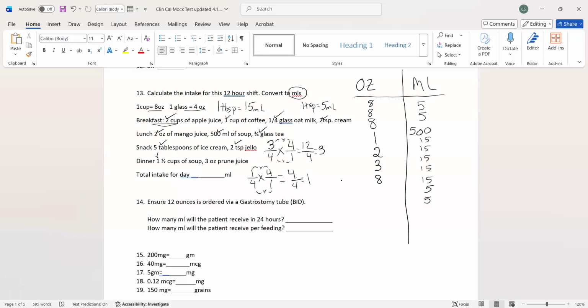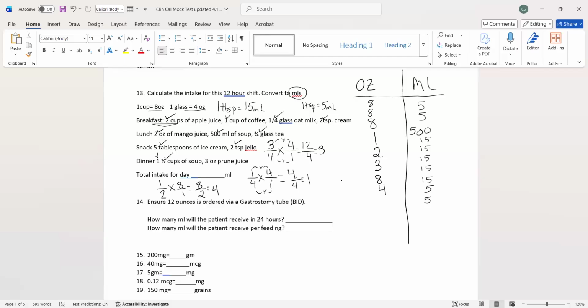And then if I have a 1/2 cup, so we know we have 1/2. And then we know it's 8 ounces. So my 8 over 1. And then when I do my math, 8 times 1 is 8. 2 times 1 is 2. And then when I divide that, 8 divided by 2 gives me 4. So we got our 4 right there.